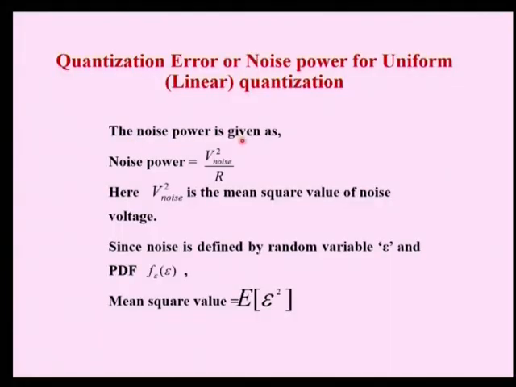The noise power is normally given by the ratio of V square by R. Usually the power will be the product of V and I, the voltage and current.